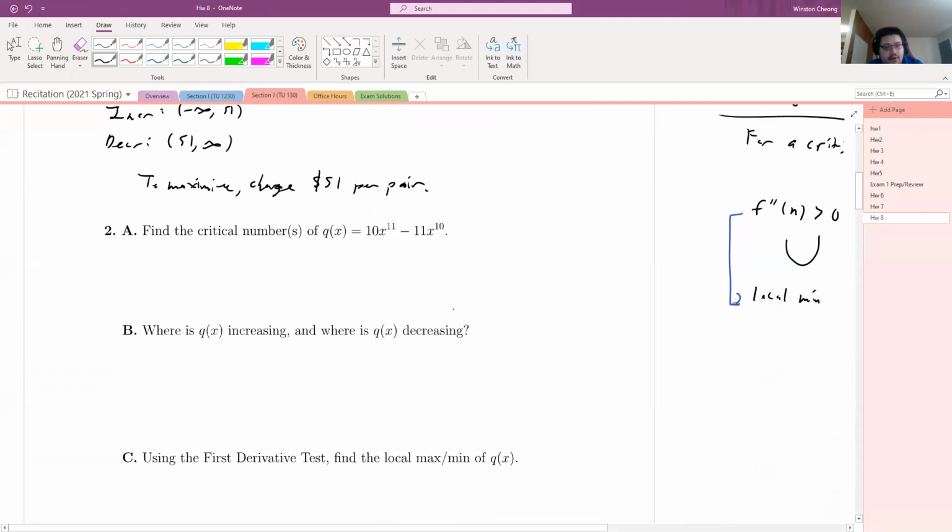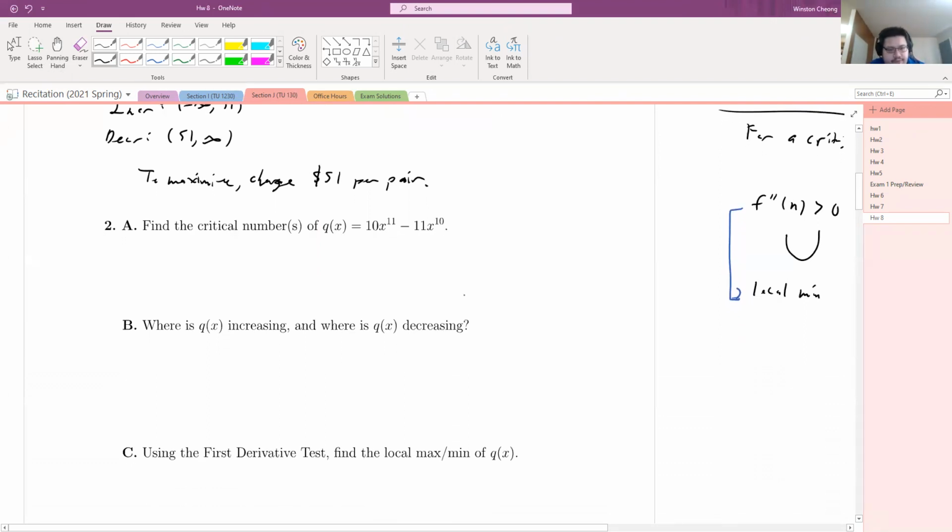No. Okay. Number 2 is pretty similar. So starting off, we take the derivative of this q function. My stylus is not working very well today. I don't know why. Makes me switch everything manually. 110x to the 10 minus 110x to the 9, which we would set equal to 0.